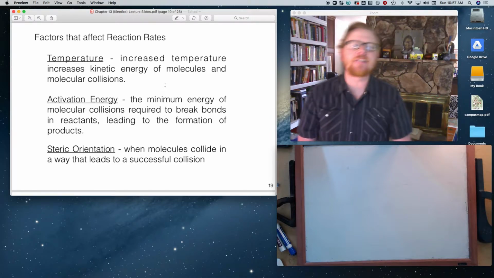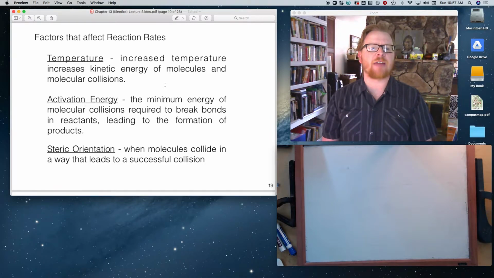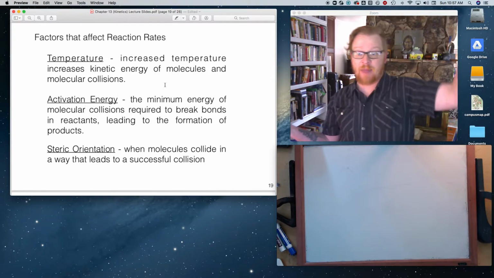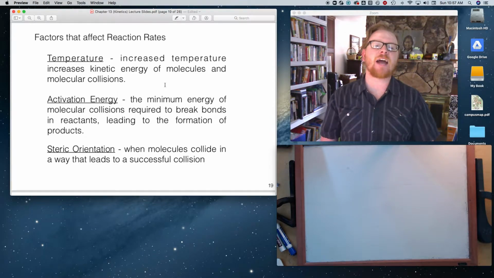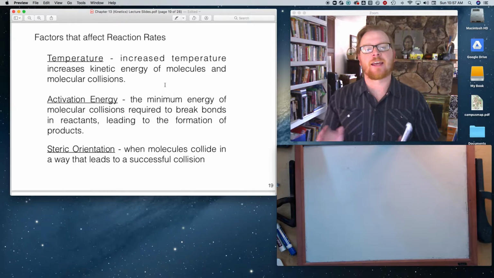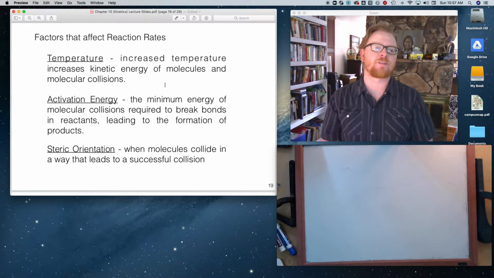In certain instances, temperature can actually have the influence of slowing down a reaction, because it might make them collide too fast and then bounce off of each other. So that's kind of rare, but it can happen where increased temperature will actually slow a reaction down. Again, that's rare, but it can happen. More often than not, increased temperature will increase the rate of a reaction.